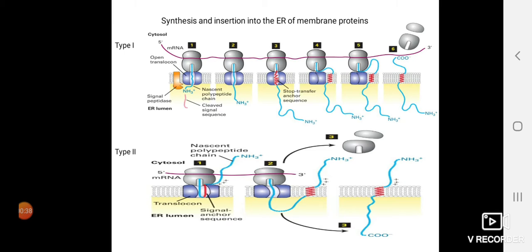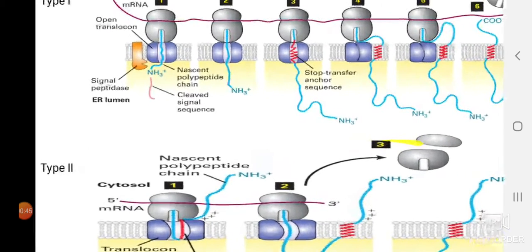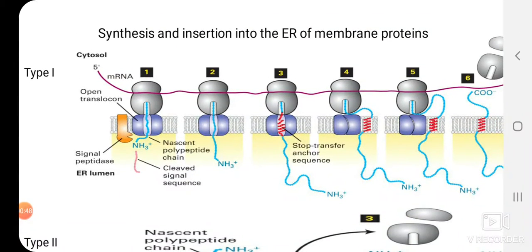So you can see in the first figure above, that is type 1 protein synthesis. What is happening there is that the process is similar to the co-translational insertion, translocation process.